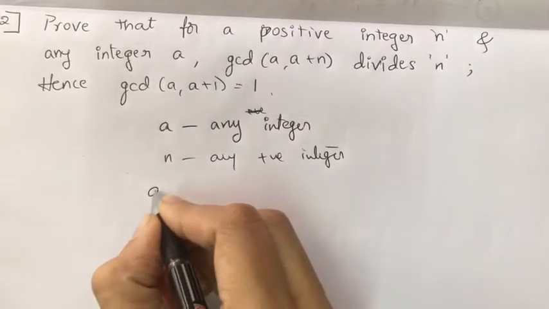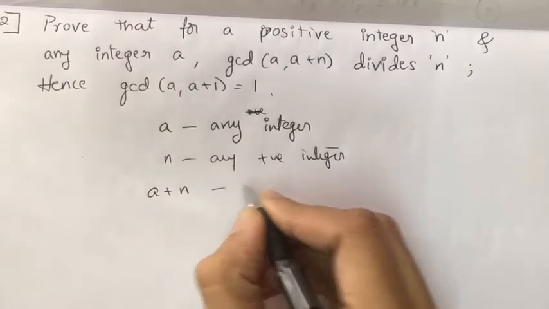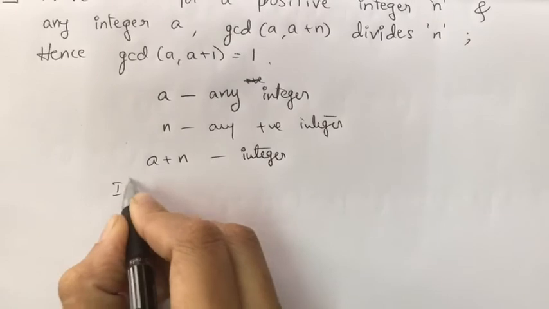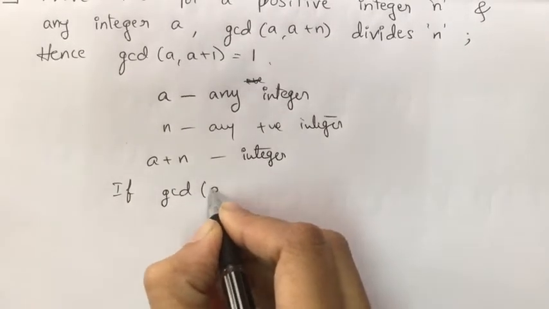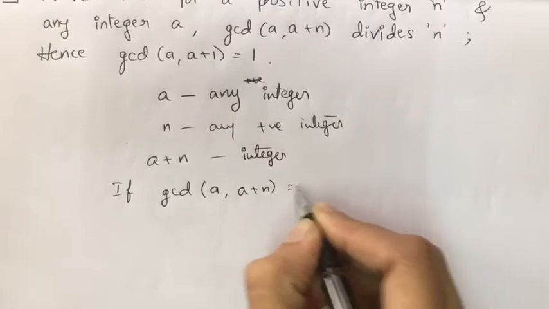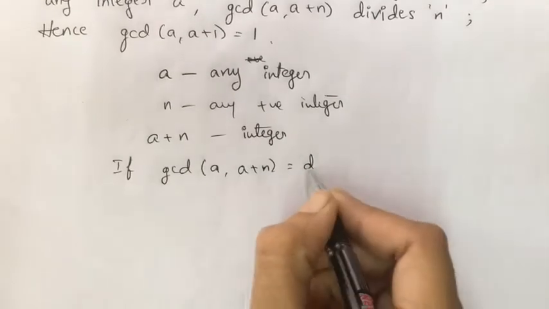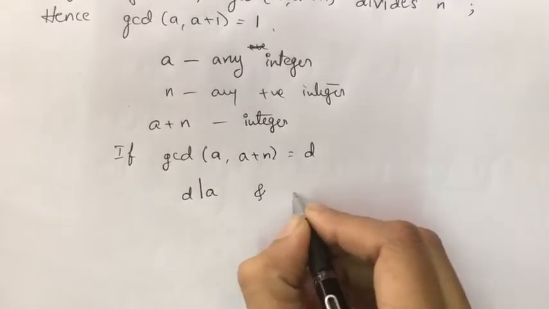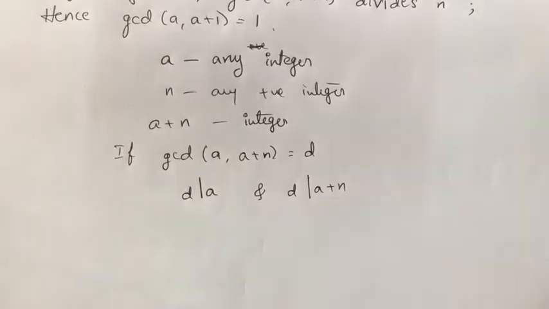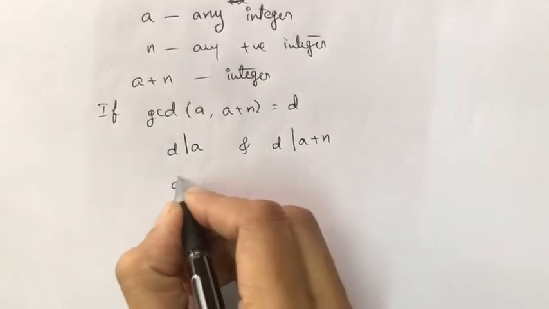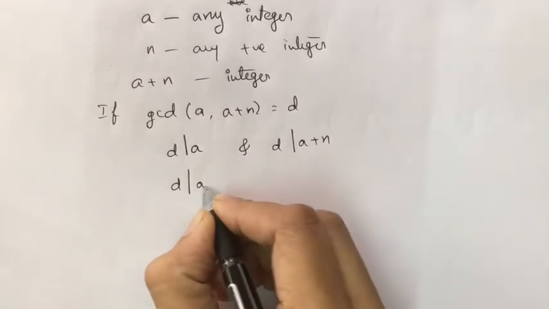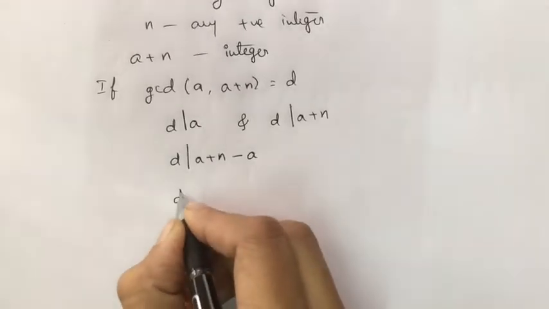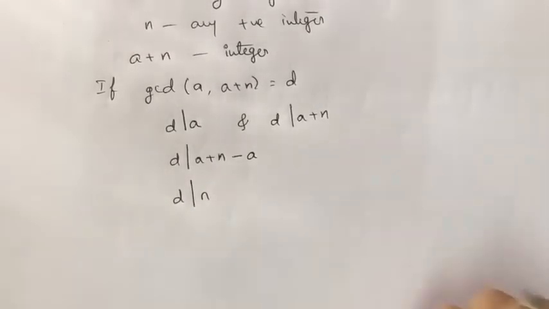So I can say a plus n is also an integer. If GCD of a and a plus n, let me take it as say d, then d divides a and d divides a plus n, right? So I can write d divides a plus n minus a, which is nothing but d divides n.